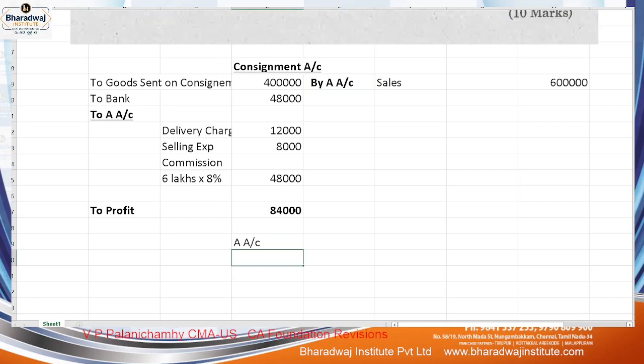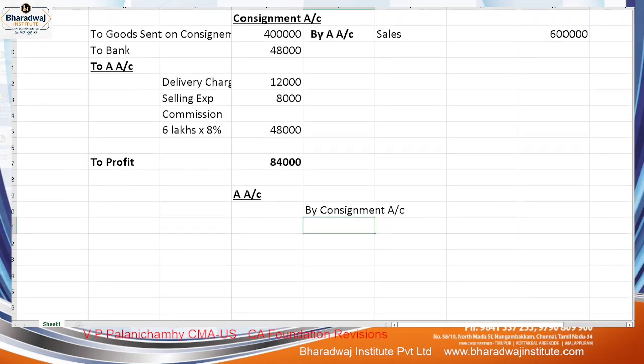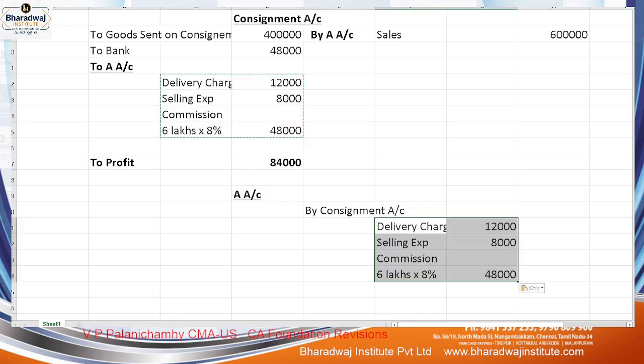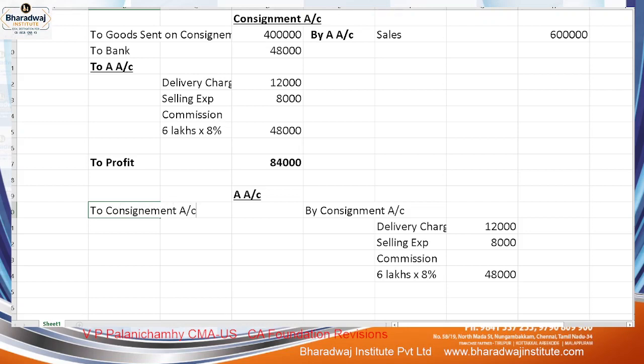When you prepare A's account, by consignment account, to consignment account for the sales of 6 lakhs, he has to send a bank draft. This is realized later on.